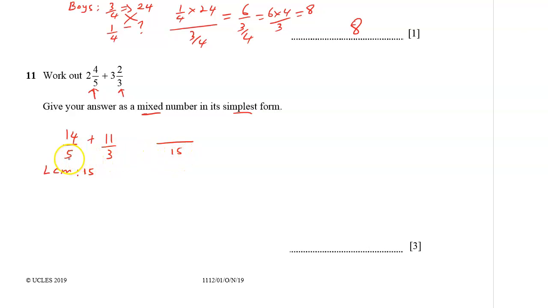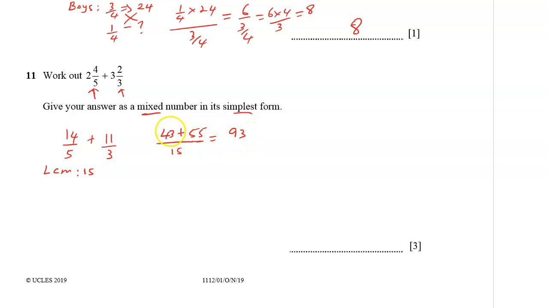So 15 divided by 5 gives us 3. 3 times 14 will give us 42, plus 15 divided by 3 gives us 5. 5 times 11 gives us 55. And therefore 55 plus 42.